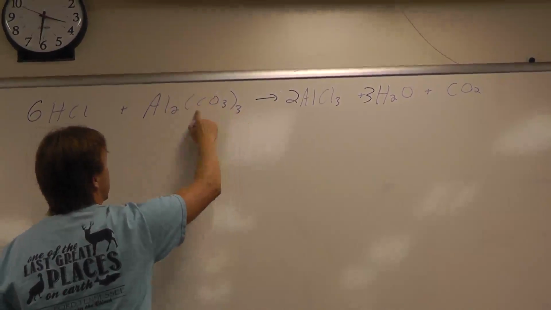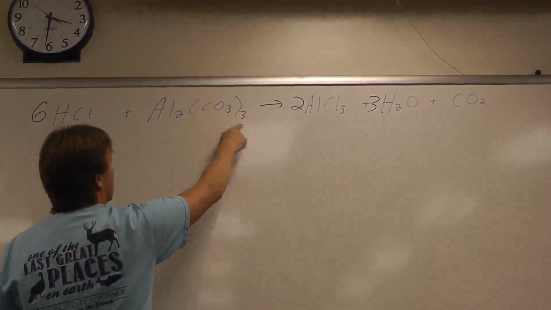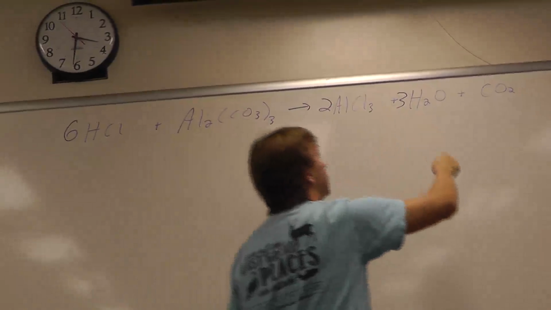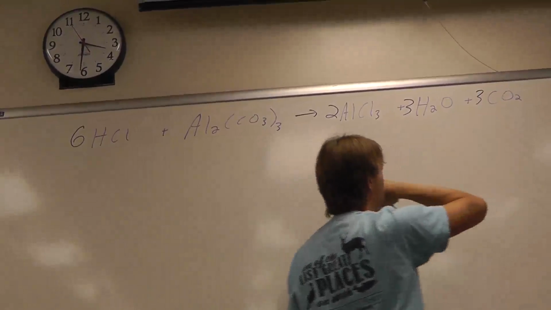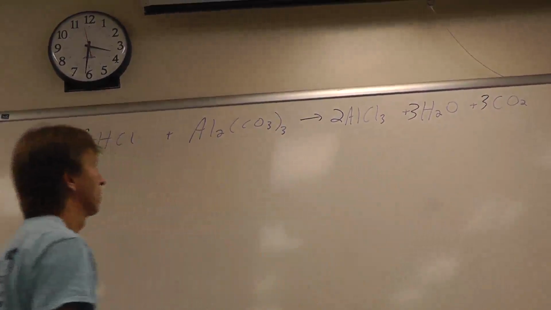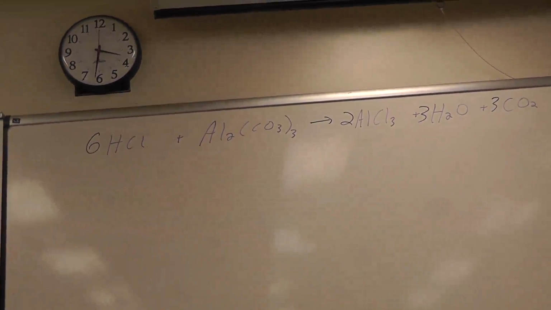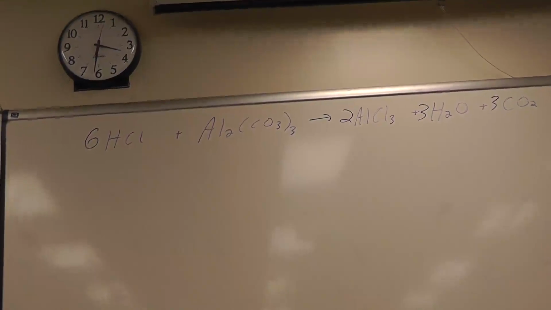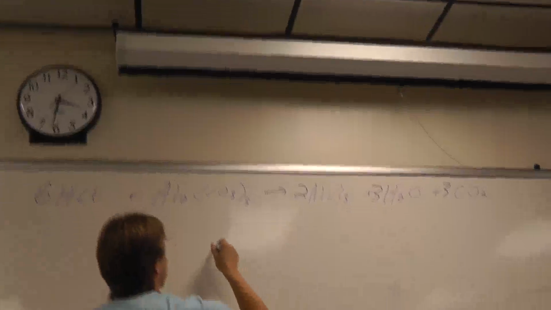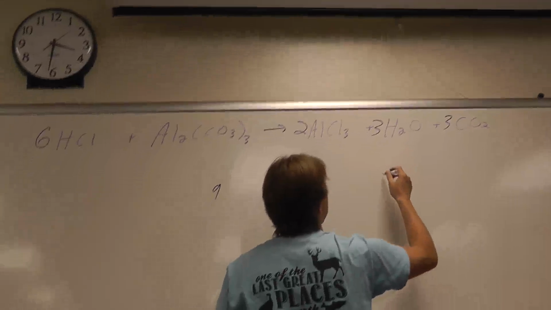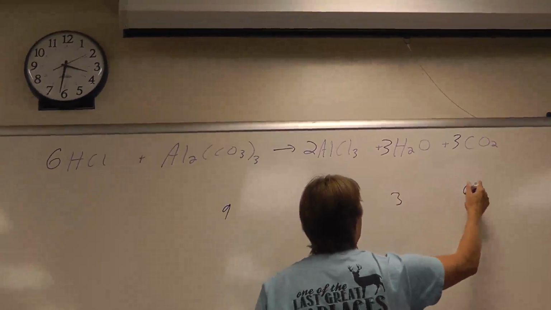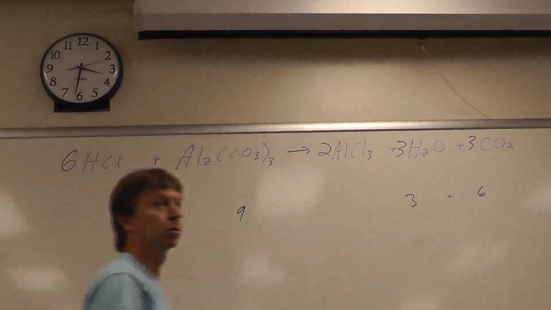This part here is 3 carbons and 9 oxygens. So I got 3 carbons on this side, I need 3 carbons on this side, that becomes a 3. And so while balancing everybody else, hopefully oxygen fell in place. There's 9 oxygens here. I've got 3 oxygens in the water and 6 more from there. So yeah, that worked out fine.